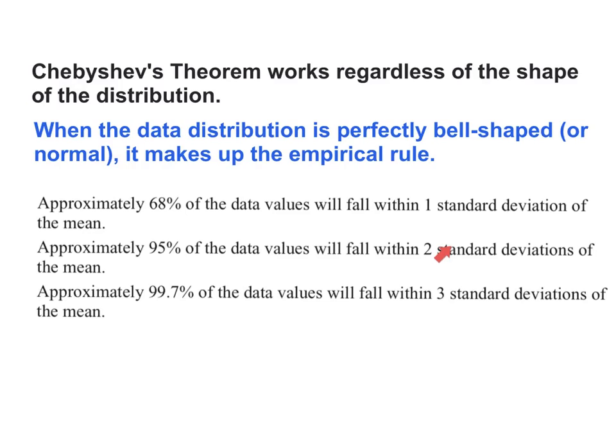That's different from Chebyshev's theorem, and it has to do with how spread out the numbers are. Instead of saying at least 75%, we're saying approximately 95%. So it's quite a bit more than 75%, and quite a bit more than 88.89% for three standard deviations.